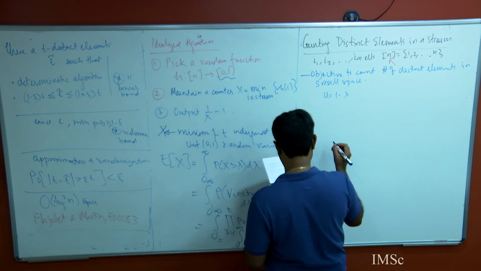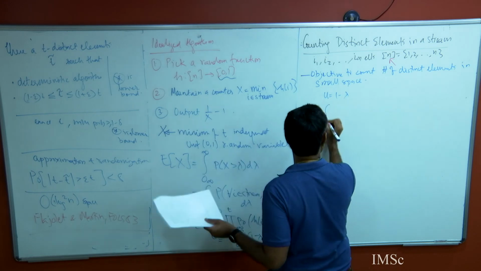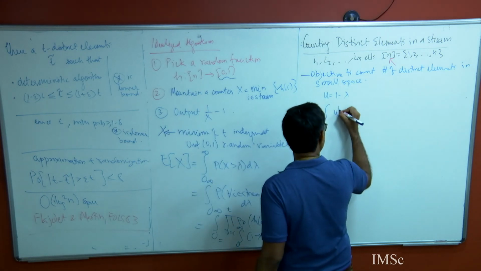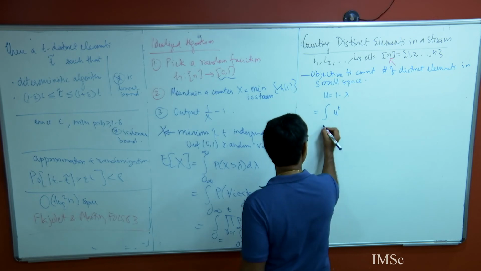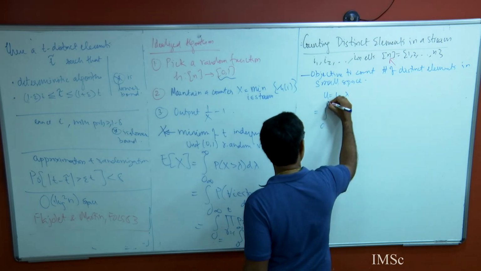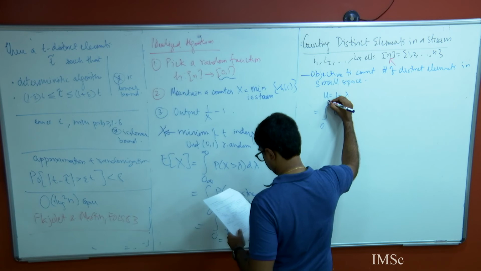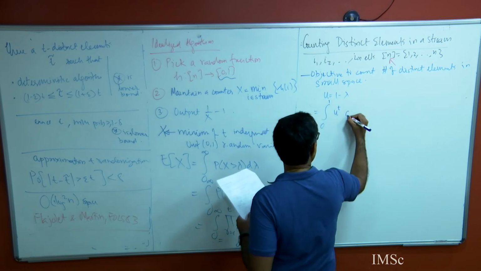We will get u to the power t, and this will become the integral from 0 to 1 of u^t du.